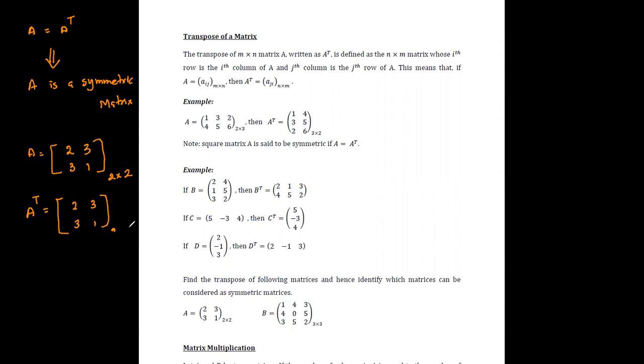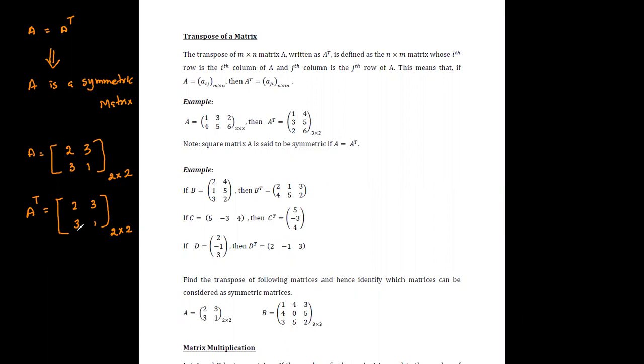Now, if you consider these two matrices, check that the number of rows is equal and the number of columns is equal. And if you pay attention to the corresponding elements, you can see the first row, first elements are equal. Second row, second element, we have 3 in both places. Then first row, second column and second row, first column.